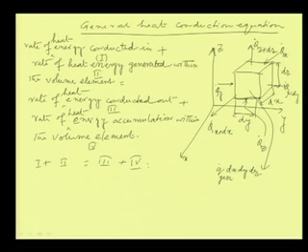Now, we will find out what is 1, what is 2, what is 3 and what is 4. Now, term 1 implies what? Term 1 says that it is q dot x plus q dot y plus q dot z.